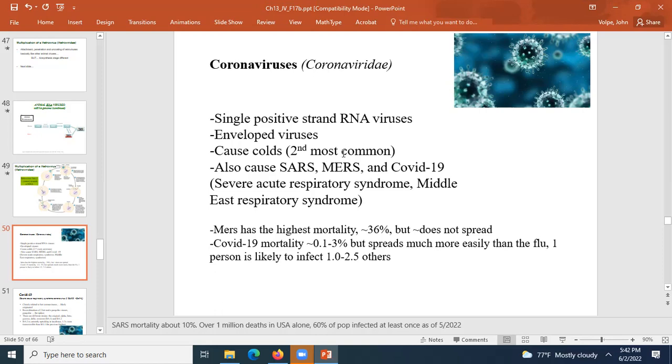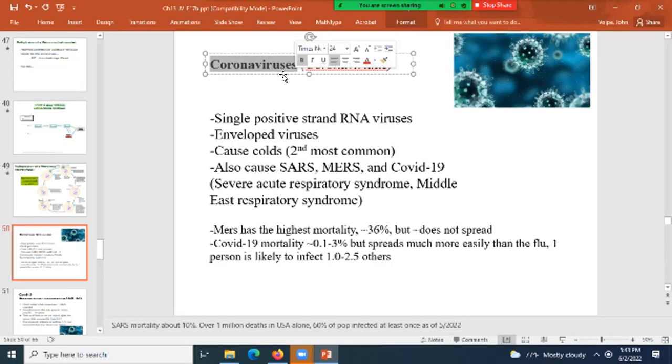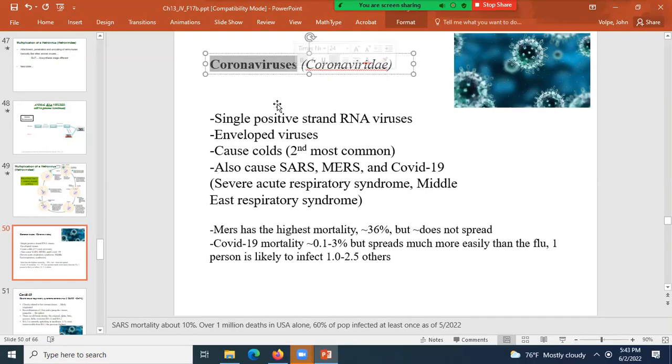Coronaviruses, besides causing the human colds, which I should mention, when they're causing the human cold, they tend to cause colds in children. As adults, maybe because we've been exposed to them, we don't tend to get colds from coronaviruses. These are colds that children are more likely to get, although adults can get the cold from coronaviruses.